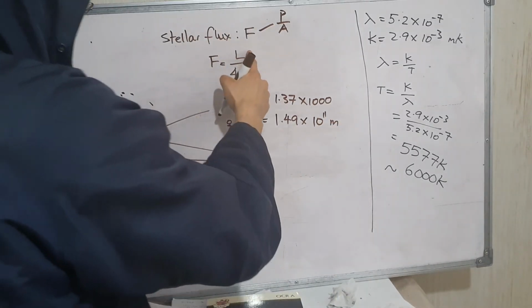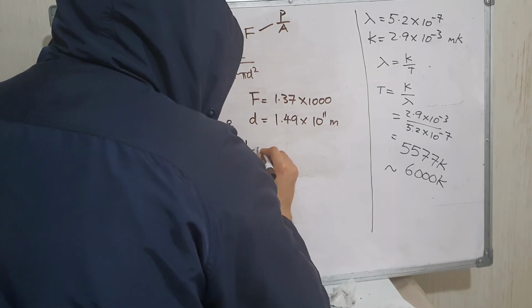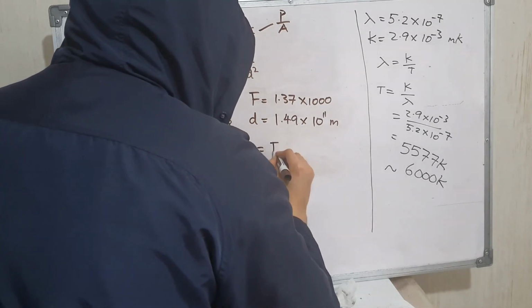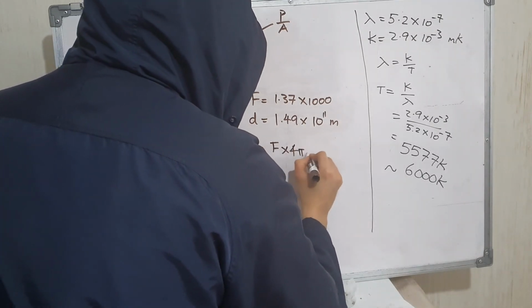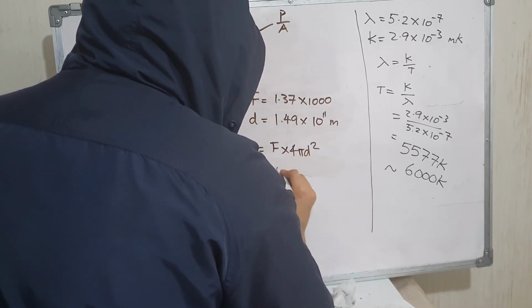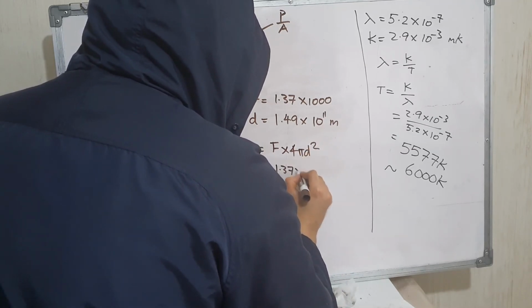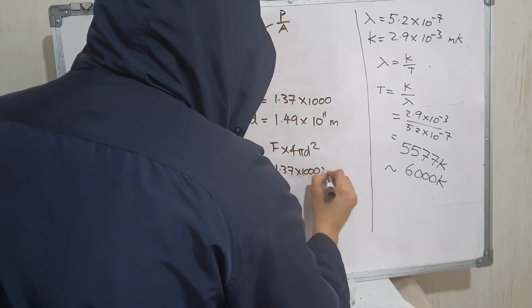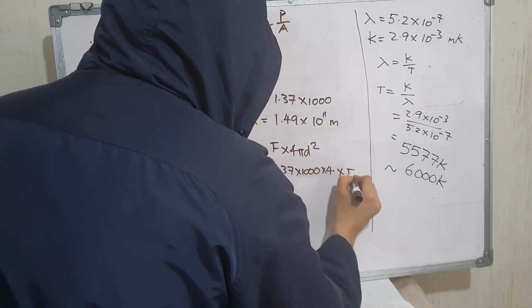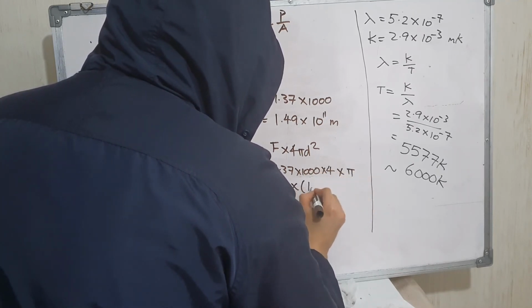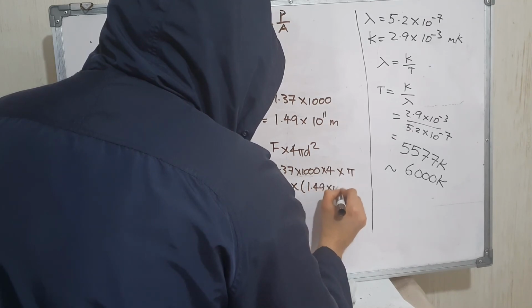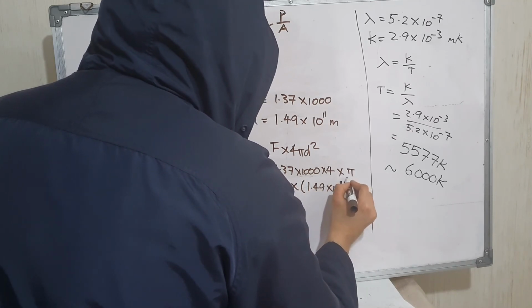Okay, so we want to work out L. The question is work out L. So L is equal to F times 4 pi d squared. So that is equal to 1.37 times 1000 times 4 times pi times 1.49 times 10 to the 11 squared.